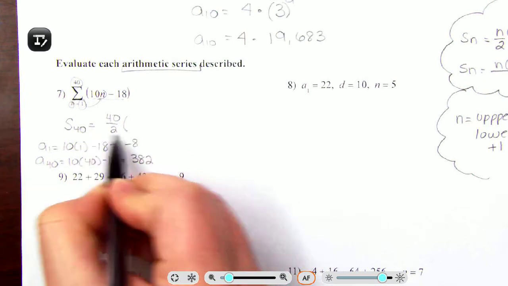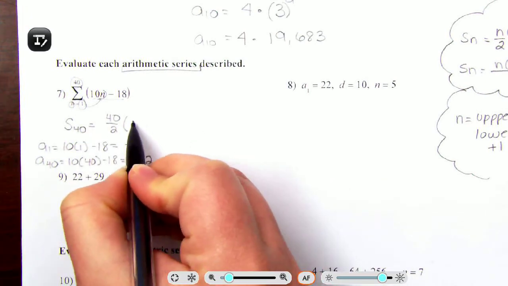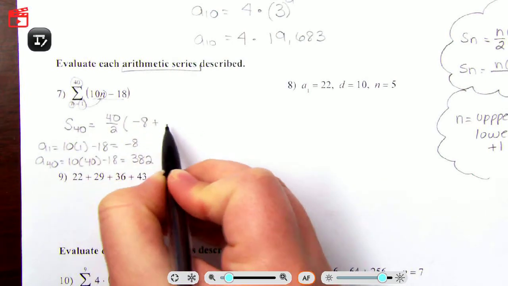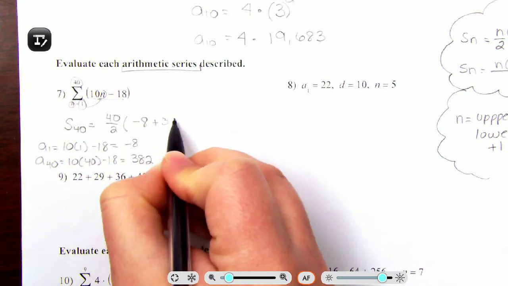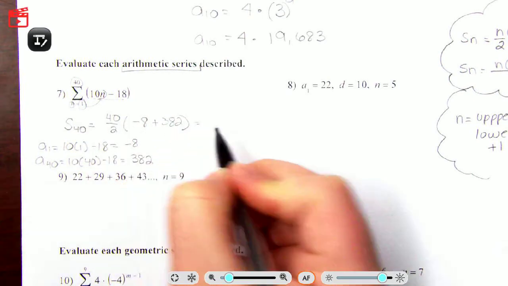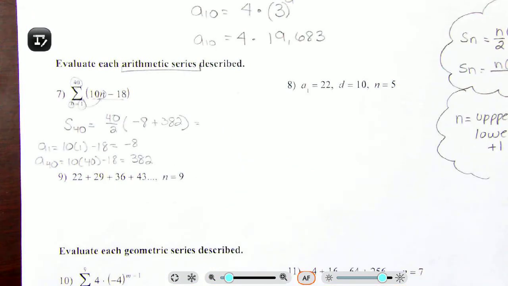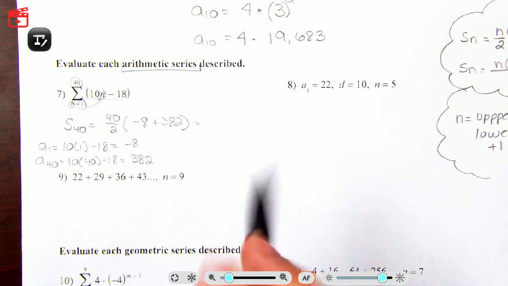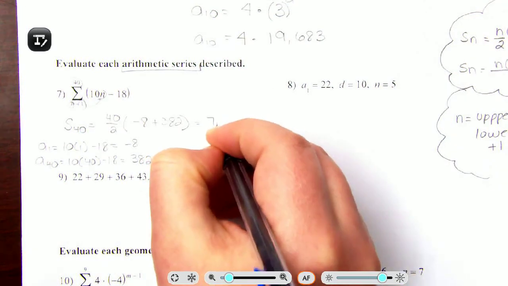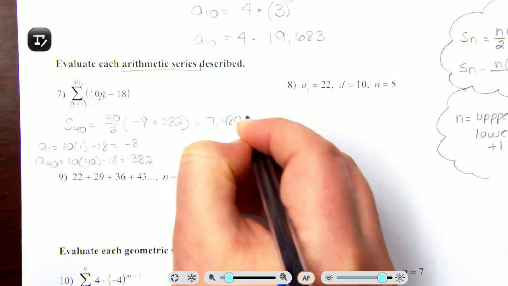So then back in our formula, a sub 1 is negative 8 plus a sub n, which in this case a sub 40 is 382. Going to type that in. So negative 8 plus 382 times 40 divided by 2 is 20. So we have 7,480.